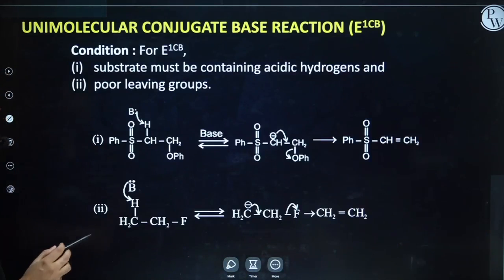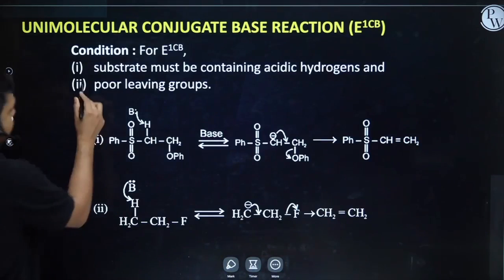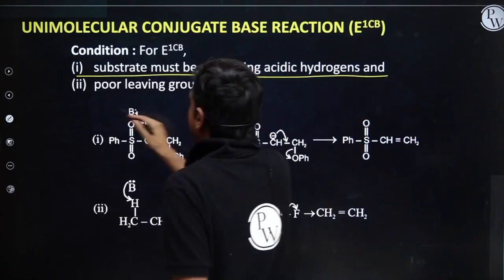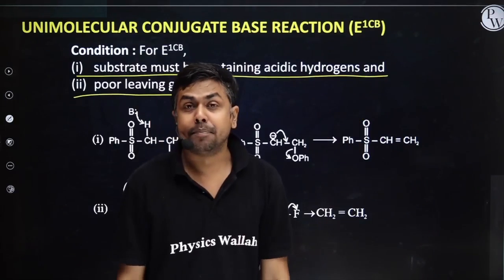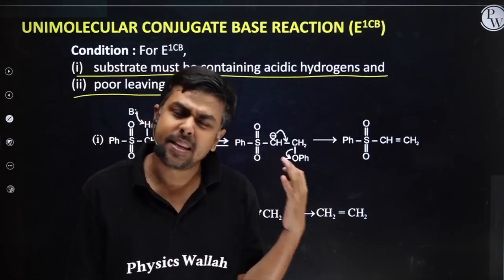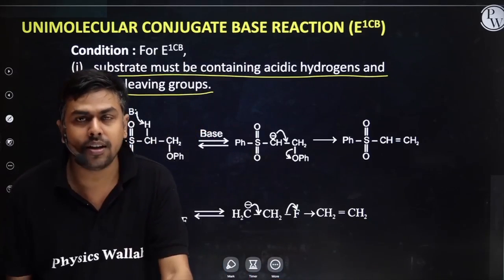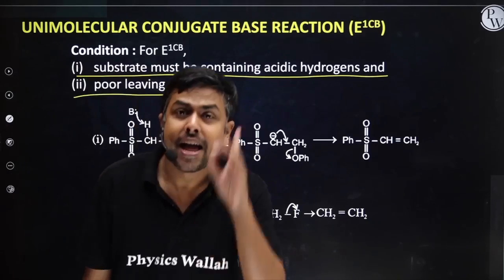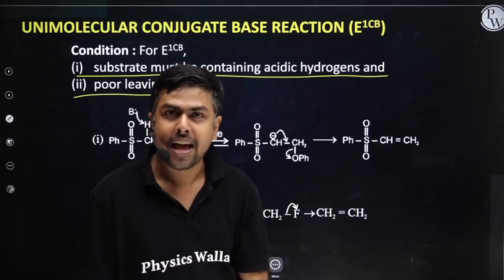The substrate must be containing acidic hydrogen, and for the E1CB reaction, these are the most important conditions. The leaving group should be poor, and the beta hydrogen has to be more acidic. The base in general should be stronger. Am I clear?